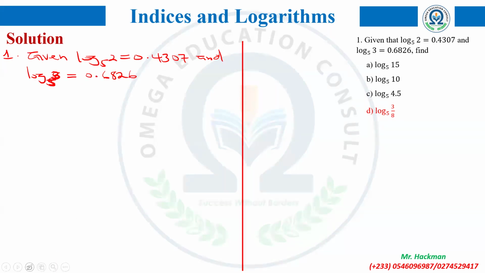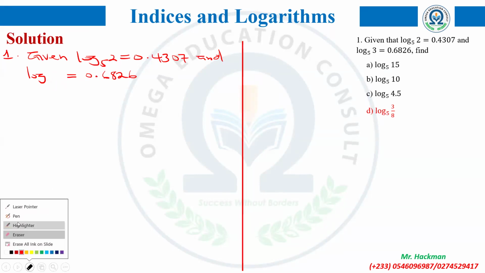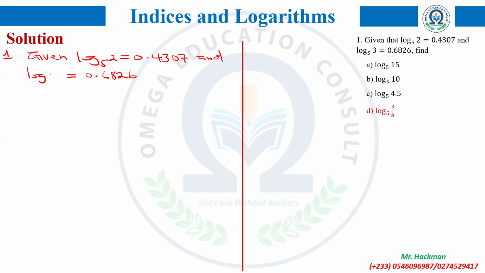So we are given these two log values. Now we come to part A. What are we given? Log to the base 5 of 50. Look at the bases given.